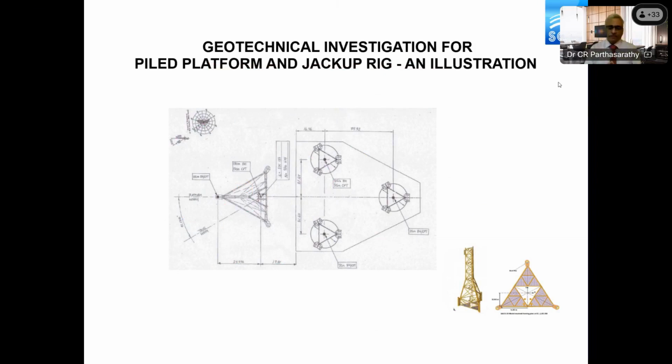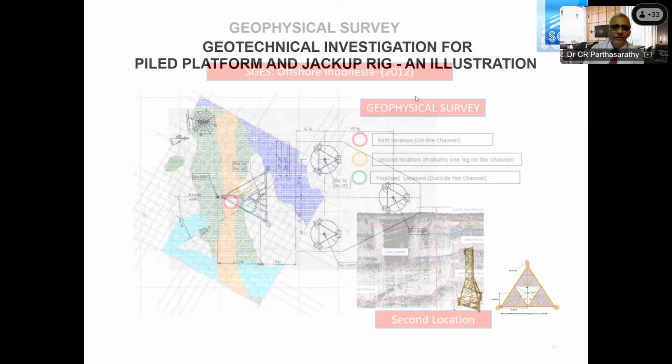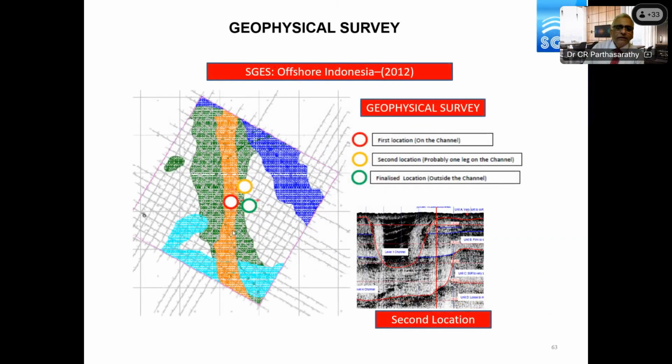This is one such case where both were mobilized in parallel. Geophysical survey was carried out, the geotechnical borehole was carried out and finished, and then the geophysical data came and revealed that it is a channel feature. So you're looking at the plan.